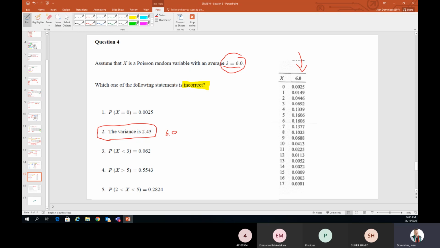So the 2.45 that they have is actually the standard deviation, because the square root of lambda would have given you that. So this one is the incorrect one. But I want to show you how to get to the other four probabilities as well.